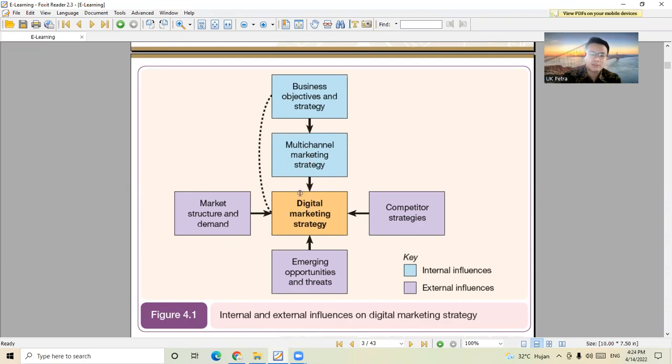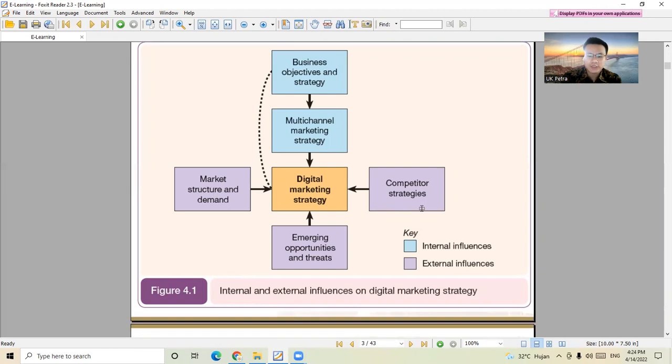And in the middle, there is a digital marketing strategy. In order to support the digital marketing strategies, there should be market structure and demand analysis, as well as competitor strategies, and also the SWOT analysis process, so that we can use it to make our own strategy.